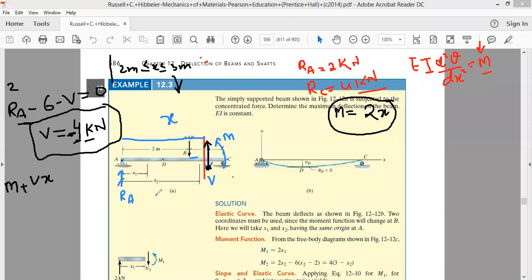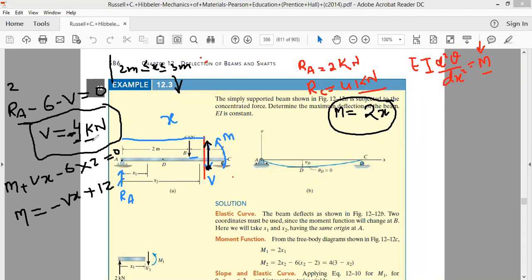Then the moment because of this 6 kilonewton will be 6 kilonewton into 2, but minus, so it will be minus 6 kilonewton multiplied by 2, and there is no other force creating the moment. This is equal to 0. Therefore, M will become equal to minus Vx plus 12.